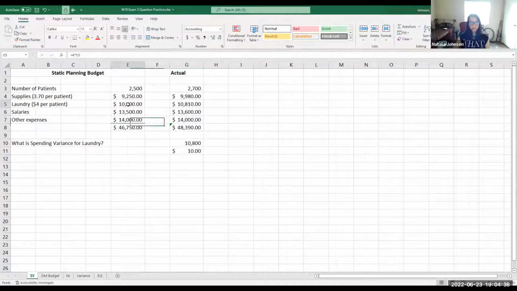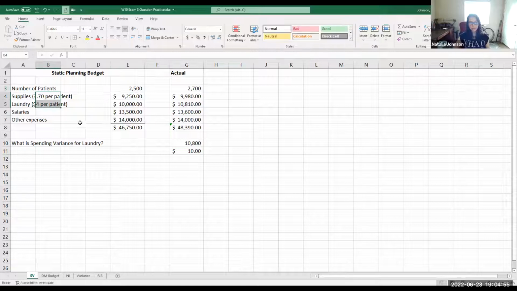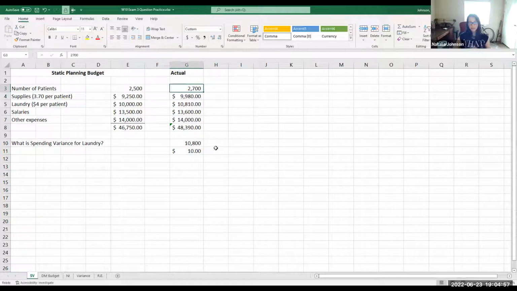The reason why you don't use this 10,000 is because this is the static planning budget, using the 2,500 units that they budgeted. Remember that for the flexible budget, you use the standard cost, in this case the variable cost, times the actual units. So that's why you multiply the 4 times the actual units.